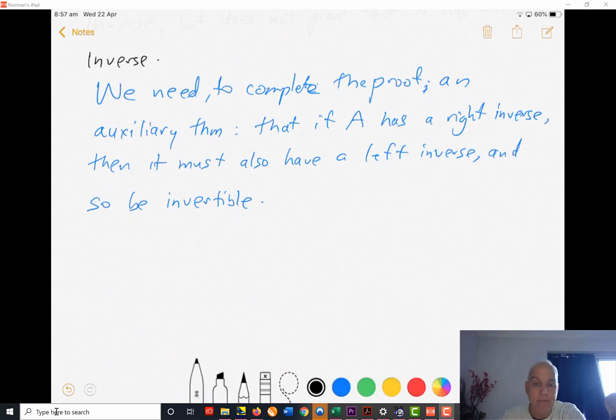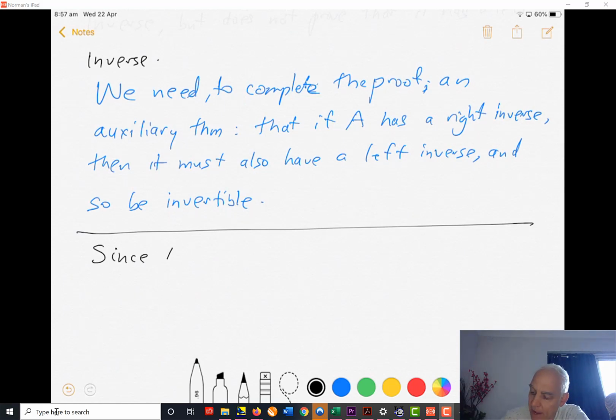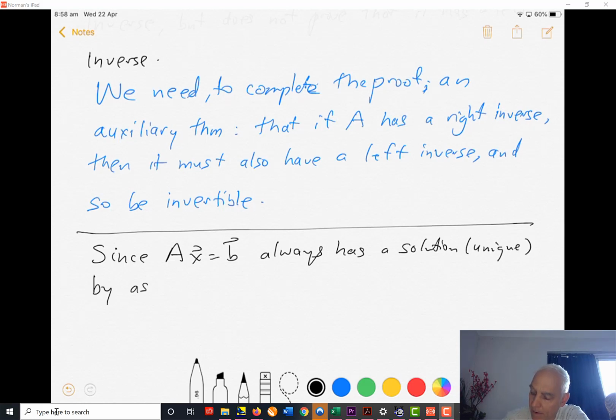So we're going to deduce some more relevant facts in this situation. Let's start by saying that since AX equals B always has a solution, in fact, a unique solution, that's by assumption, we have the special case.